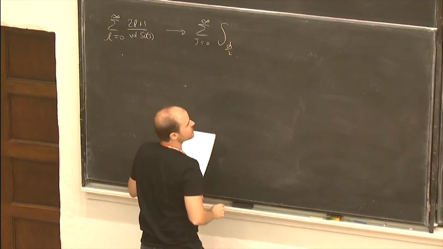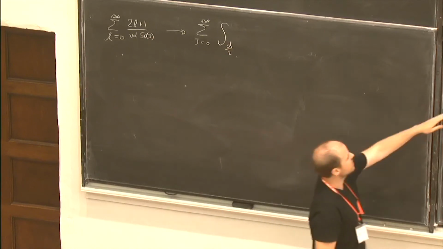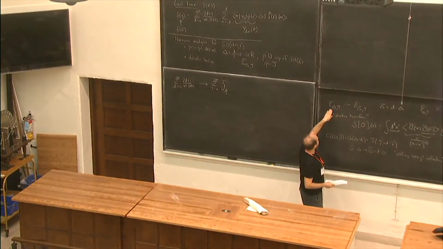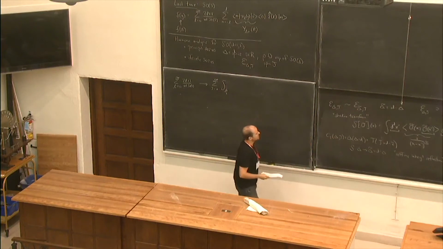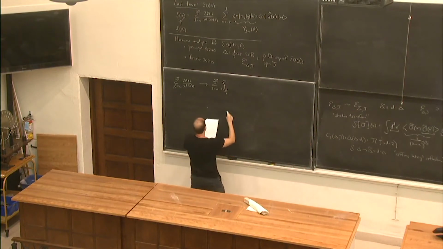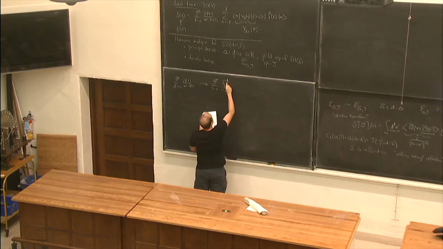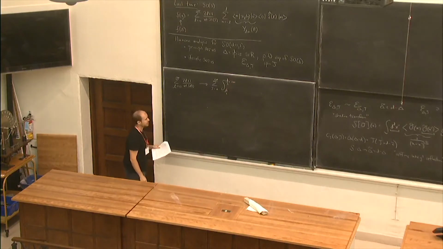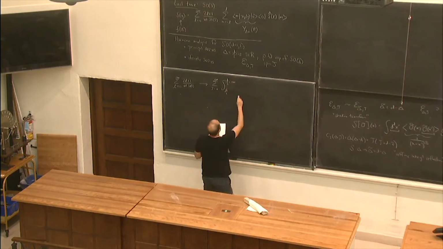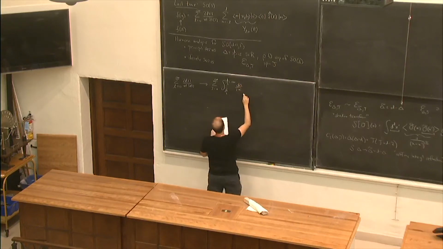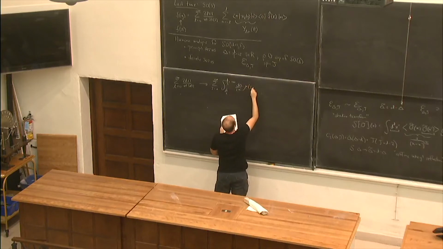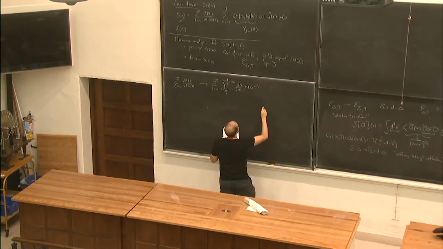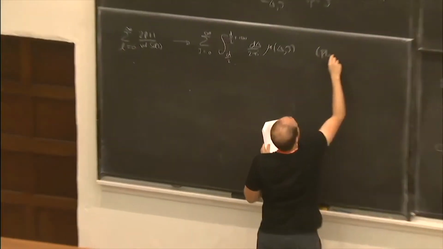Because principal series representations have this equivalence property that E delta J is equivalent to E delta shadow J, it suffices to just integrate over the following range, from d over 2 to d over 2 plus I infinity. And so we have some integral d delta over 2 pi I, that's a convention, and then some non-trivial function of delta and j. And this is the Plancherel measure.